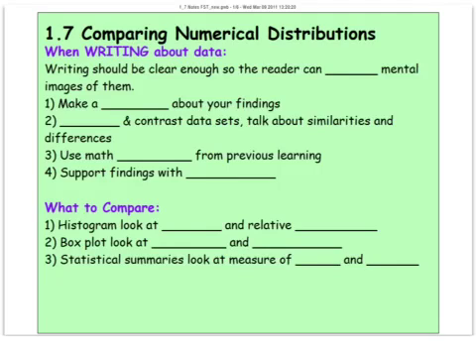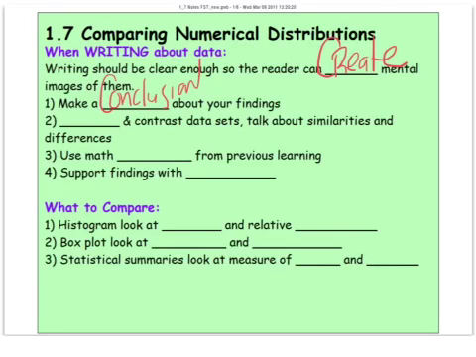When you write about statistics, there are some things you should keep in mind. This slide is really just giving you some pointers, so let's look at those. When you write about data, writing should be clear enough so the reader can create mental images from them. You're going to want to make a conclusion about your findings.